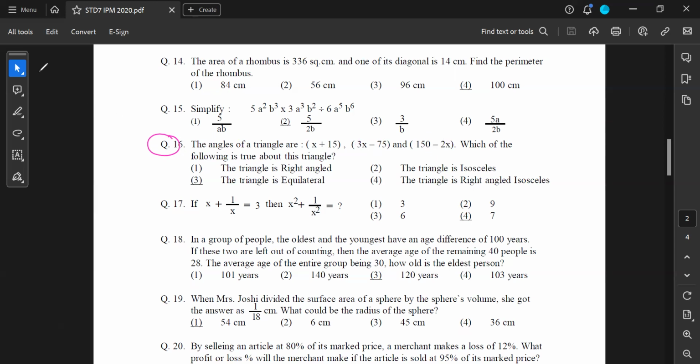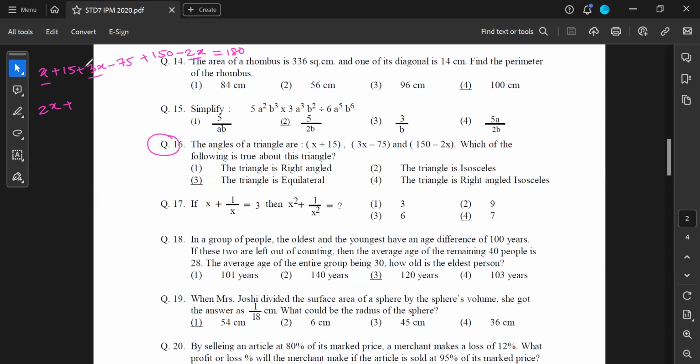Yeah. Sure. So first of all, we'll add all of them. x plus 15 plus 3x minus 75 plus 150 minus 2x, and everything will be equal to 180. So let's add all the x first. x plus 3x is 4x, minus 2x will give you 2x.